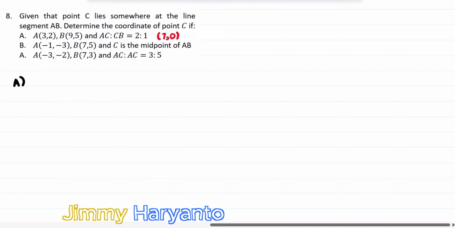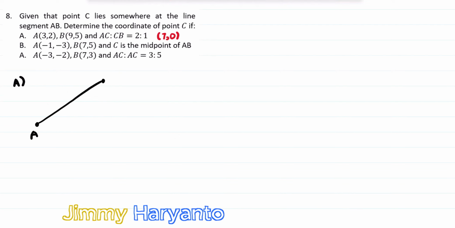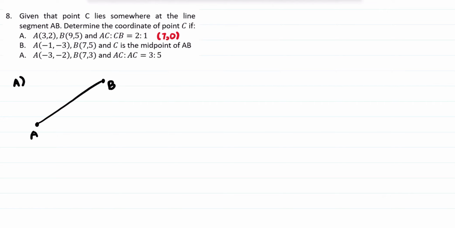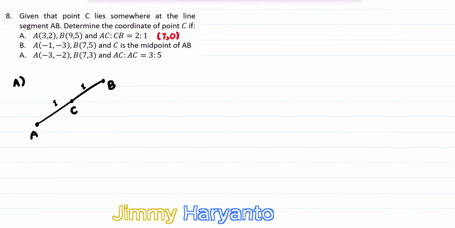And then next is the second question. We have A, we have B, and then we have C as the midpoint. Midpoint means the ratio is 1 to 1. For the midpoint, I don't think you have to use factors to solve the problem. You can use the formula of the midpoint directly.